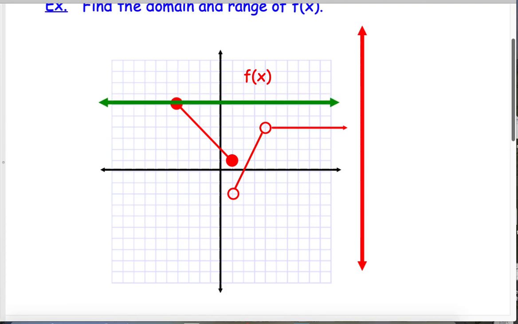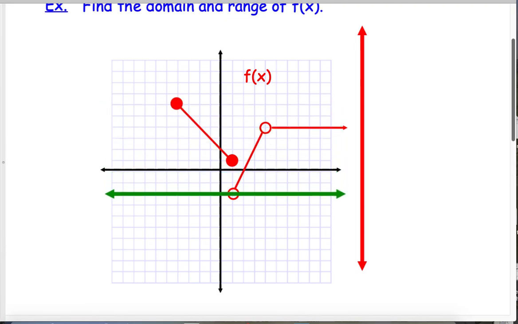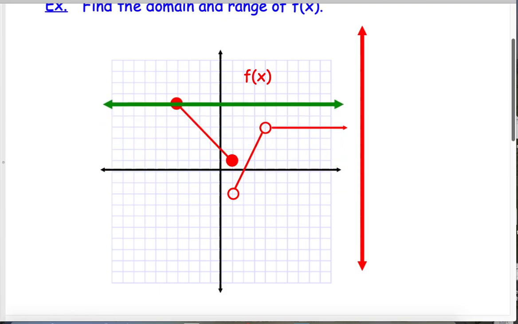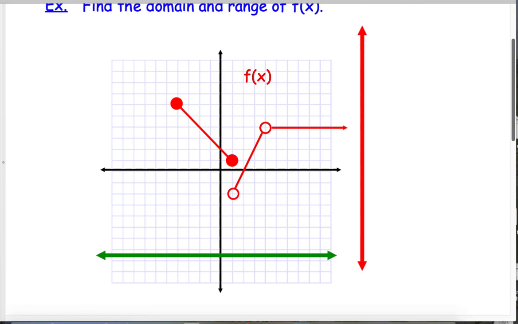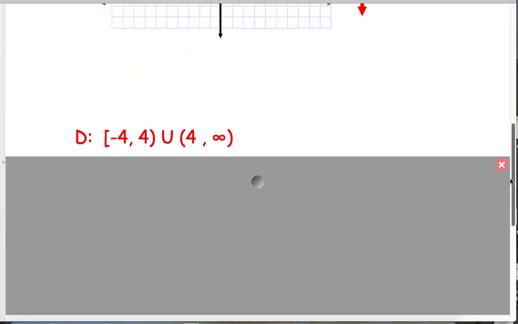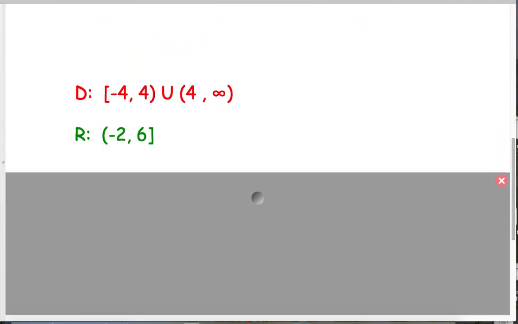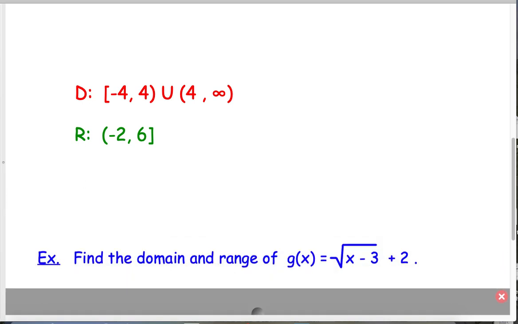So that's the last value that it takes on. So it goes from -2, not including the -2, all the way up to y equals 6, and we want to include the 6. And so that's going to be our range. You can see it's pretty easy to tell if you have a graph. So there's your domain and there's your range.